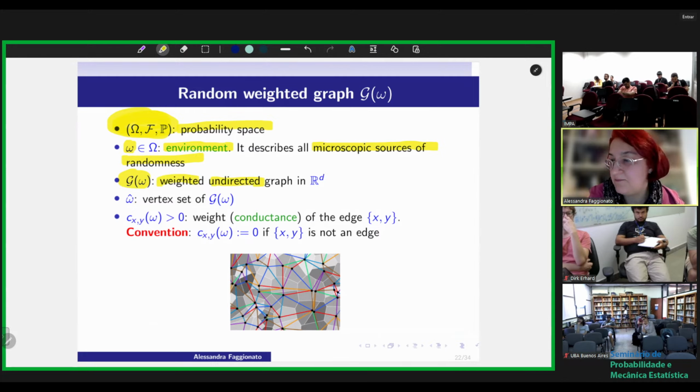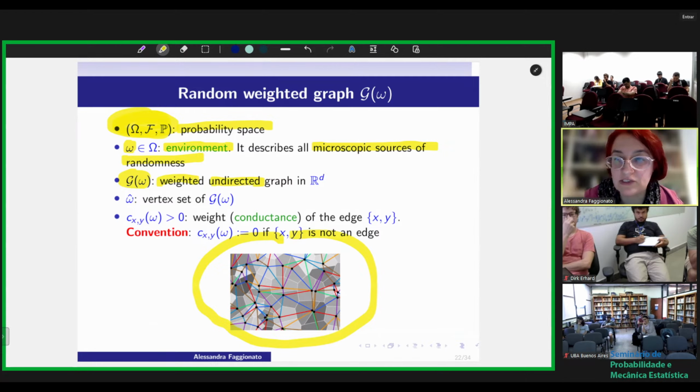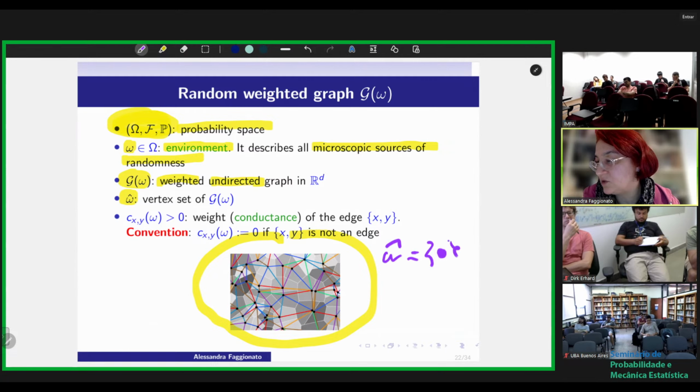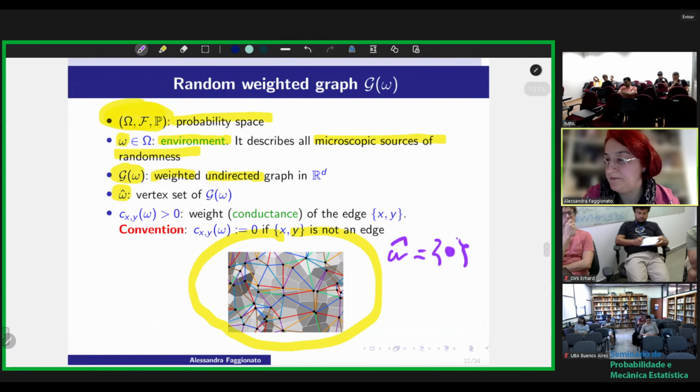Okay, here you can see a picture. In this case, I have colored edges, so the colors correspond to weights. So I fix this notation. I denote by omega hat the vertex set of my graph. So in my case, the omega hat here are the vertices, the black points in this picture.